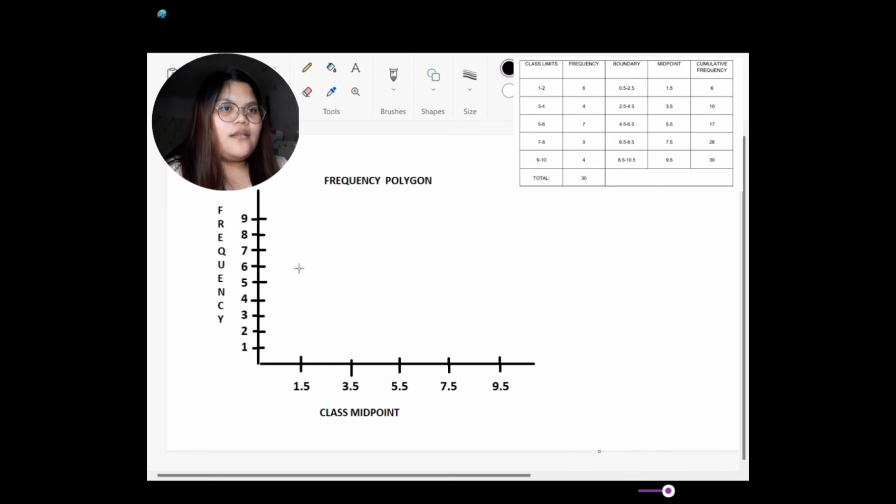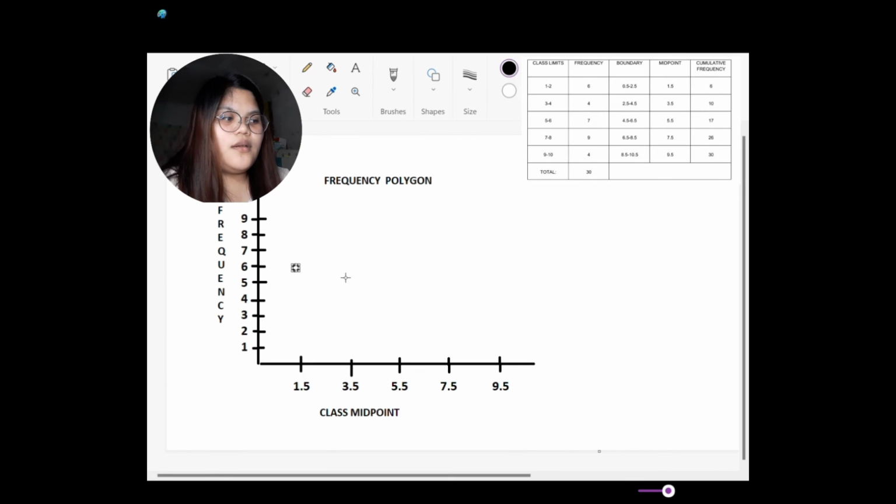And after that, we create a circle that corresponds to their midpoint and their frequency.